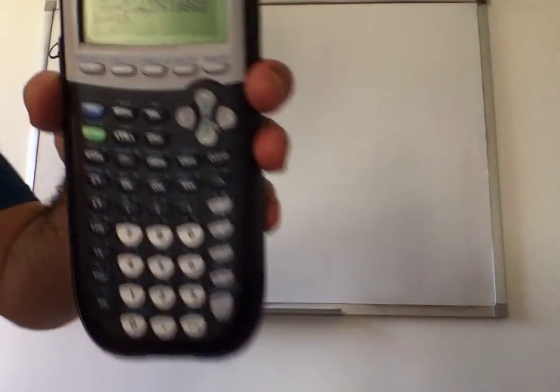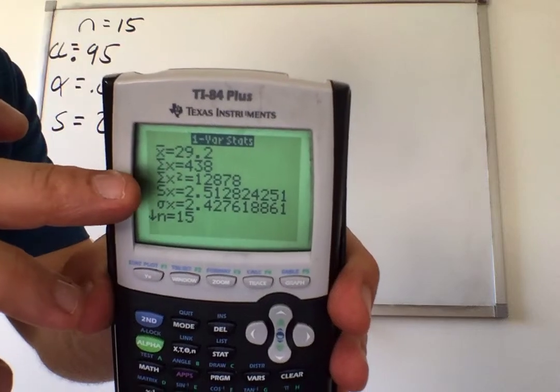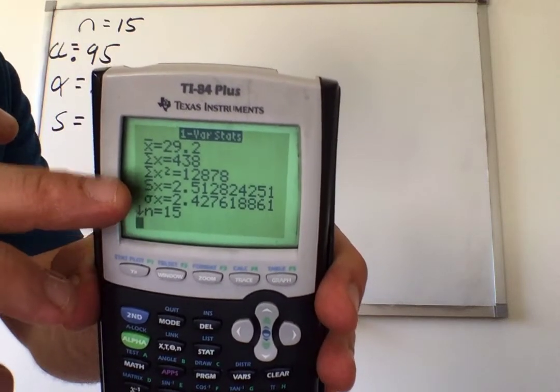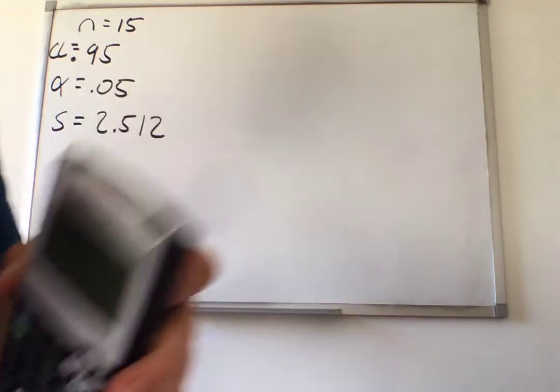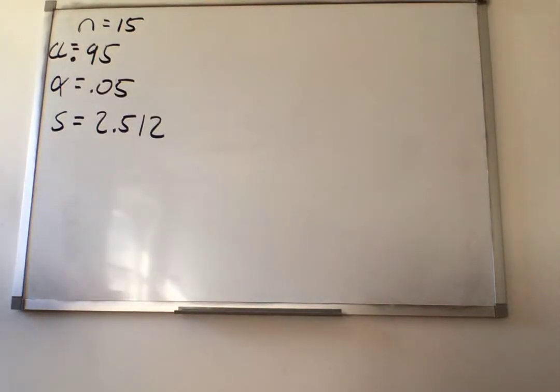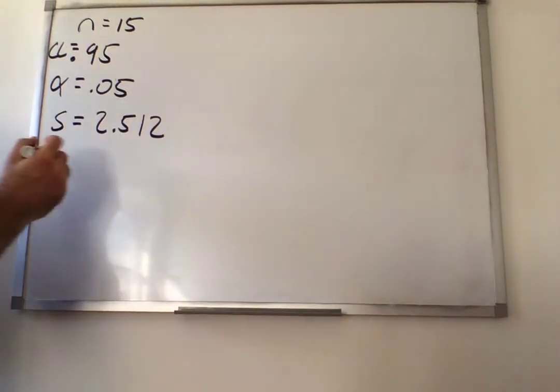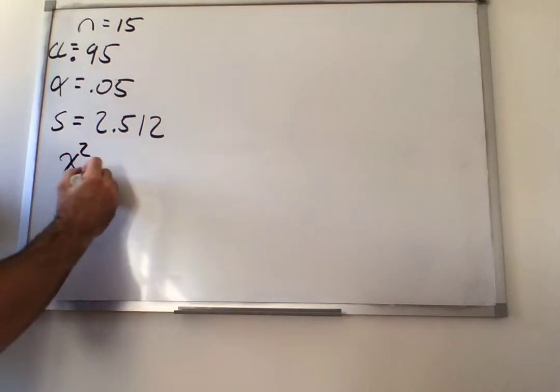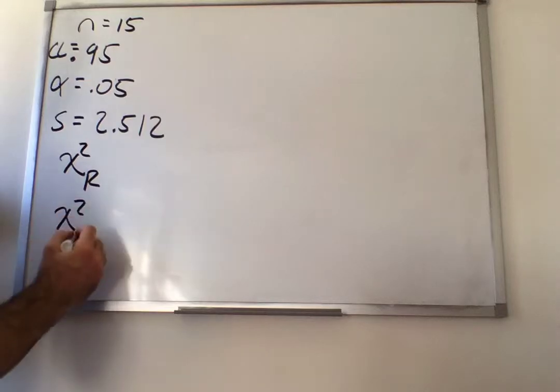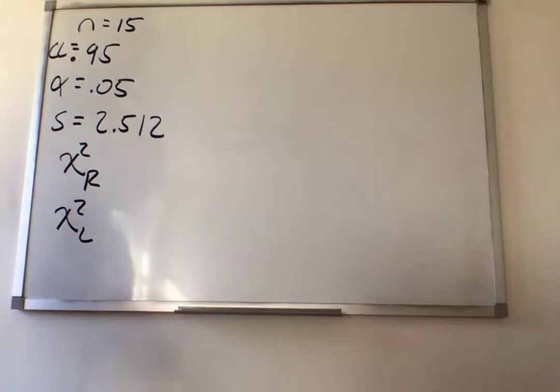It shows us the population standard deviation, sigma, right there, and then the sample standard deviation right there. You want the sample, not the population.